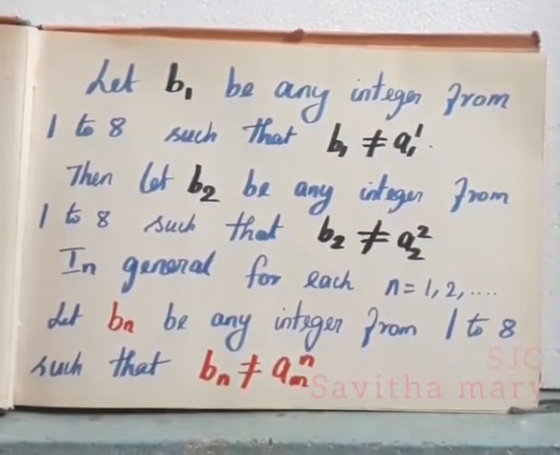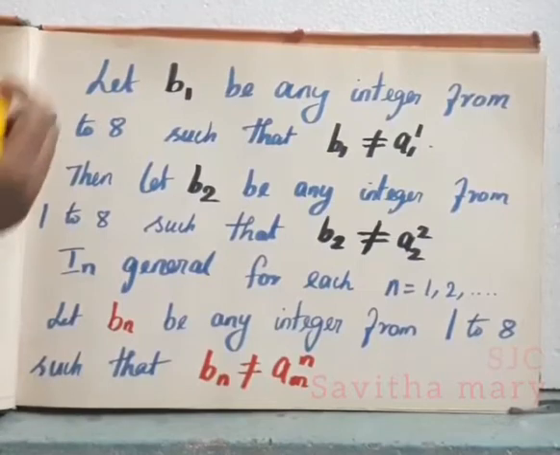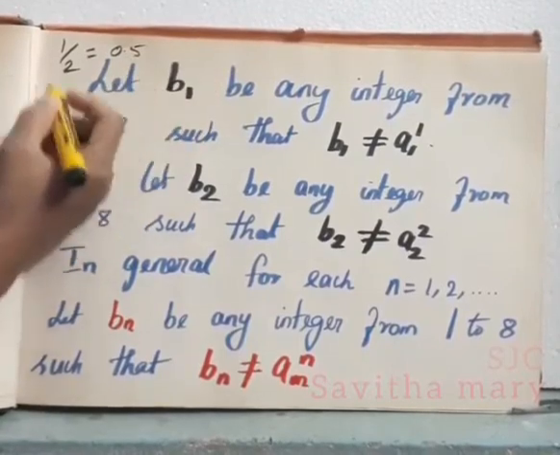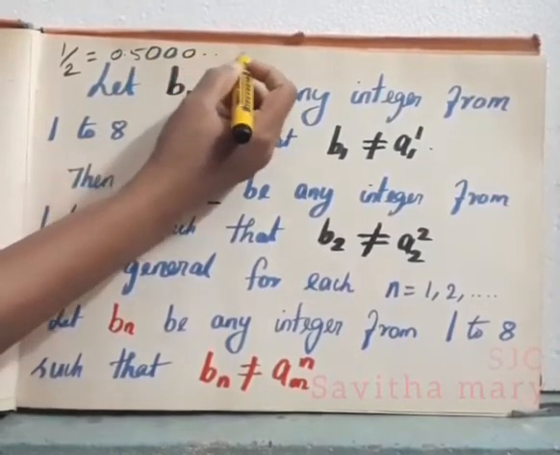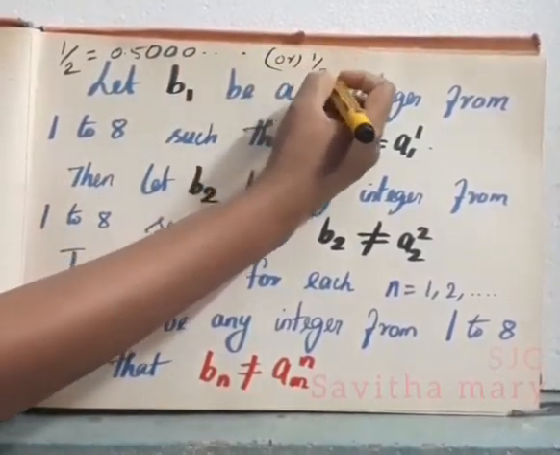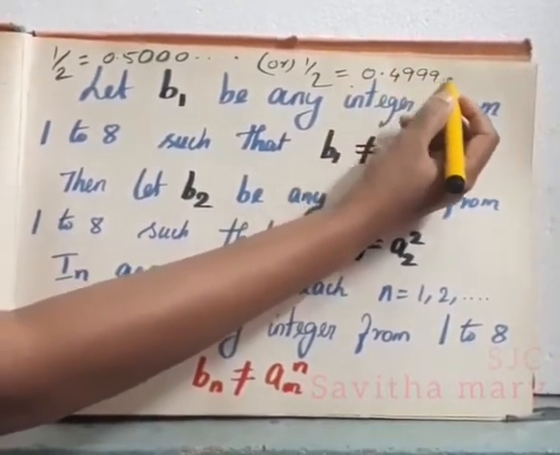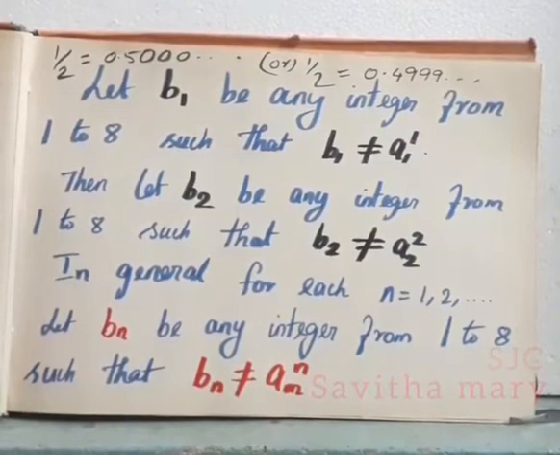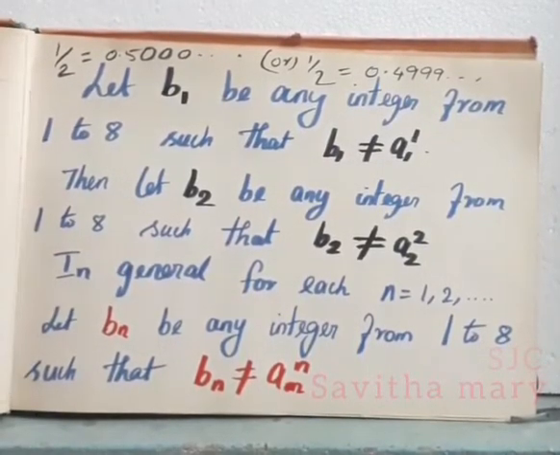For example, the number 1 by 2 equals 0.5, so by decimal expansion we can write it as 0.5000 and so on, or we can write 1 by 2 as 0.4999 and so on. So a number terminating in 9 may equal another number which lies in the array.